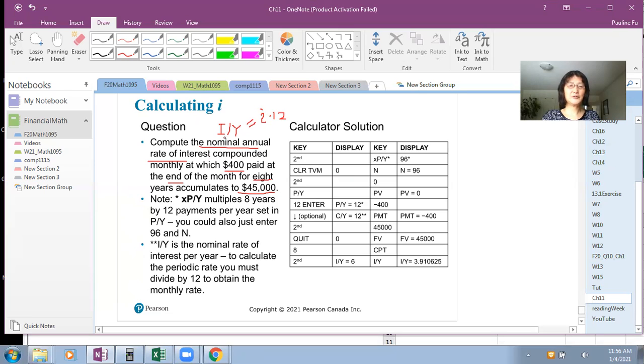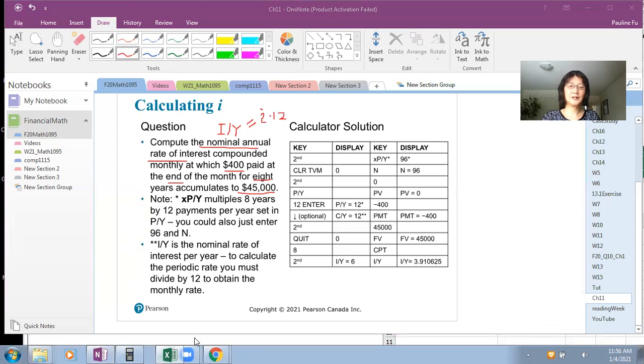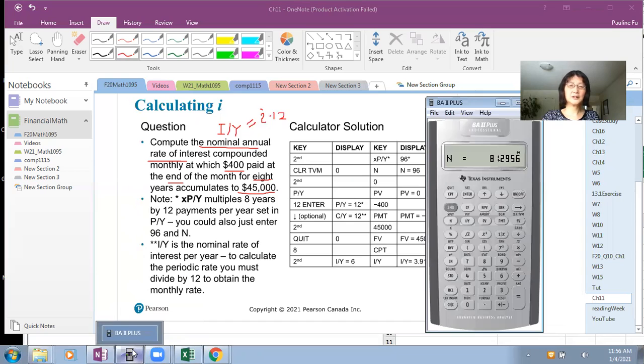So that is the relationship between nominal interest rate IY and periodic interest I. So we only have two tools. One is a calculator and the other is Excel. We don't have a formula for interest. So I'm going to do the calculator.